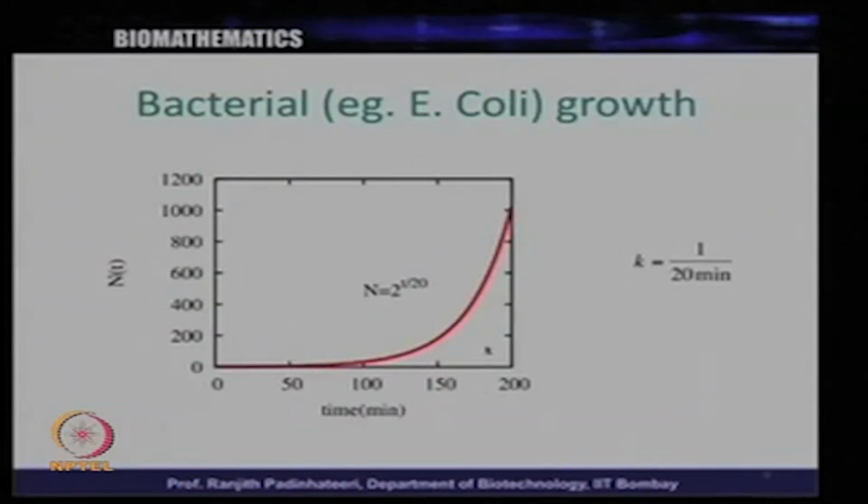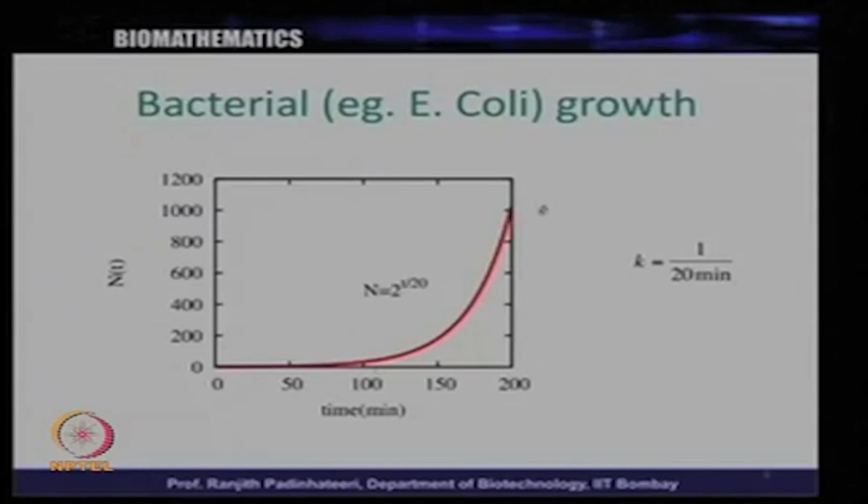After 200 minutes you have more than 1000 bacteria. You can calculate yourself what 2 power 10 is; it has to be a number about 1000, where 1 over 20 per minute is the rate of growth.